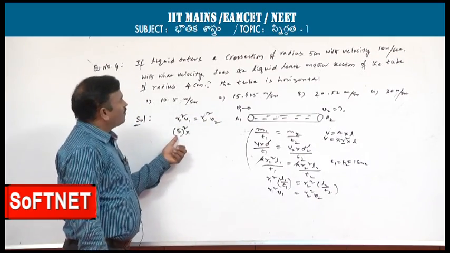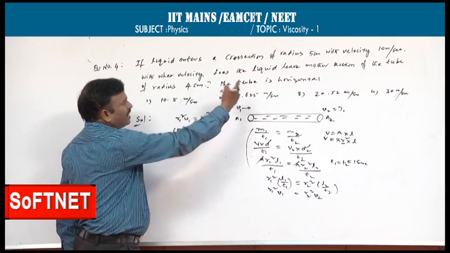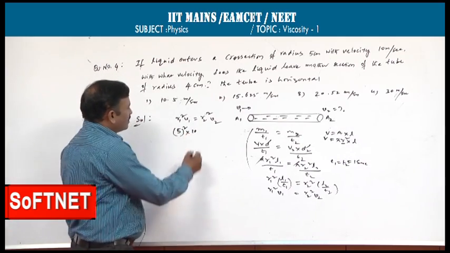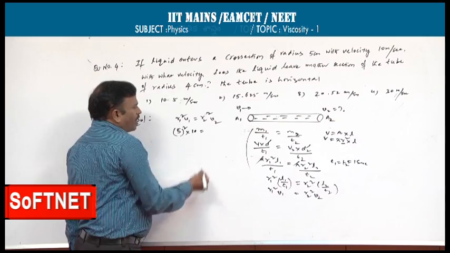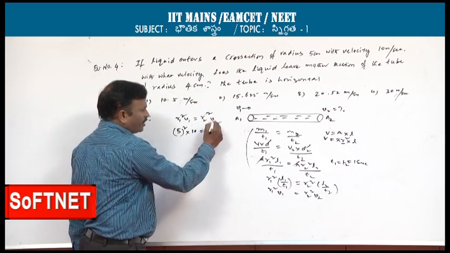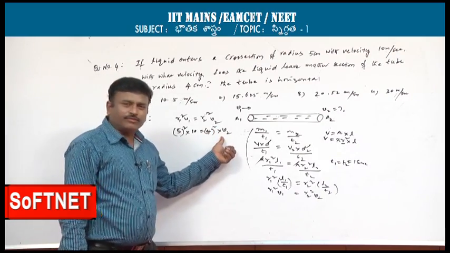Here R1 is 5 centimeter whole square, 5 square. V1 velocity is 10 meter per second, equal to R2 is 4 centimeters, 4 square into V2. We need to find out V2.